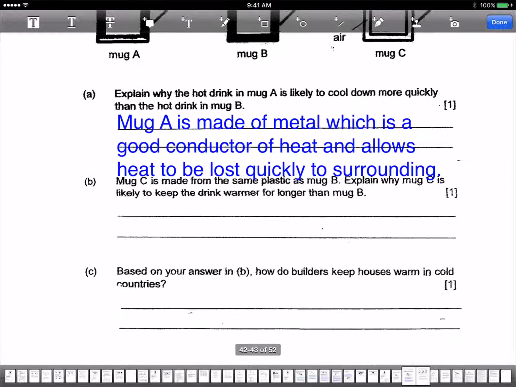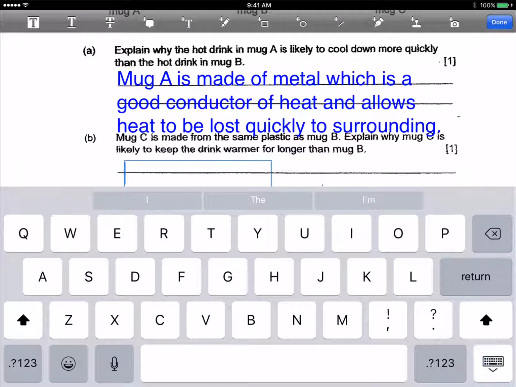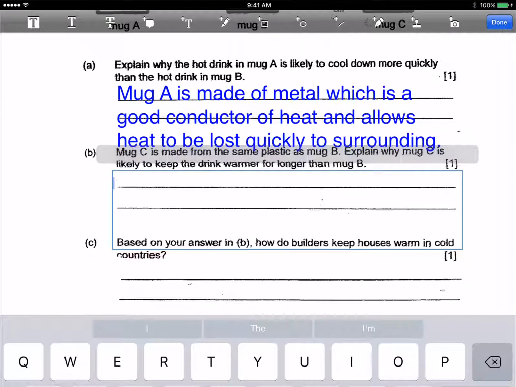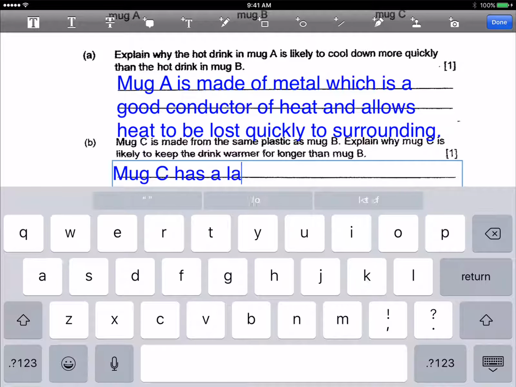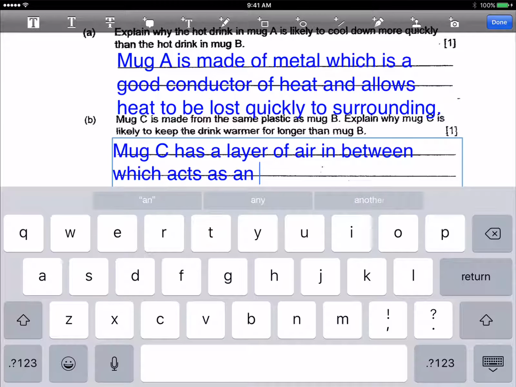It's a poor conductor of heat, right? So you say that there is a layer of air. Okay, so mug C has a layer of air in between.